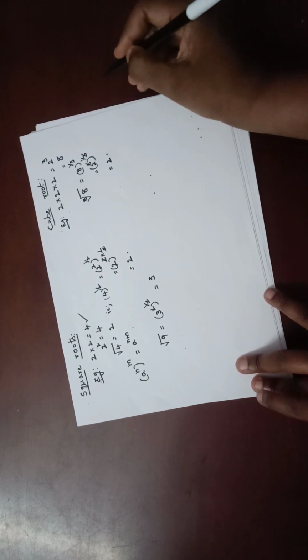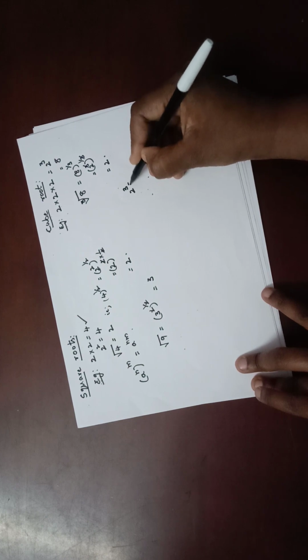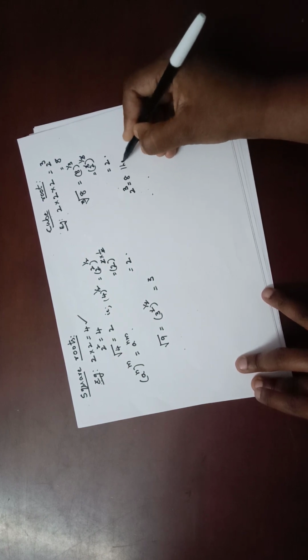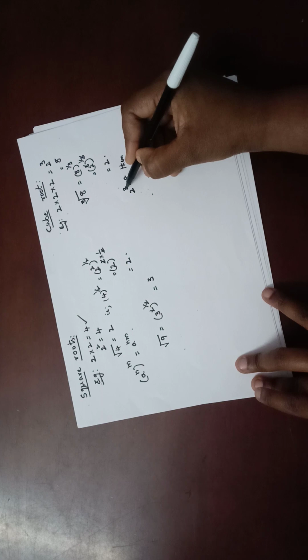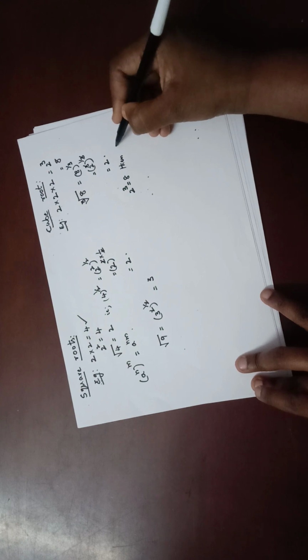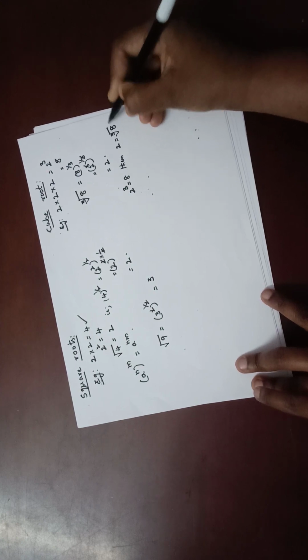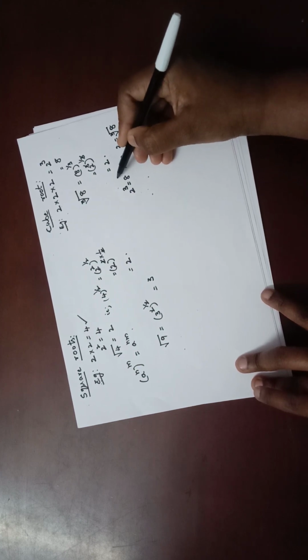So when 2 cube equal to 8, then this cube goes to the other side of equality, and it becomes 2 equal to cube root of 8, which is 8 to the power of 1 by 3.